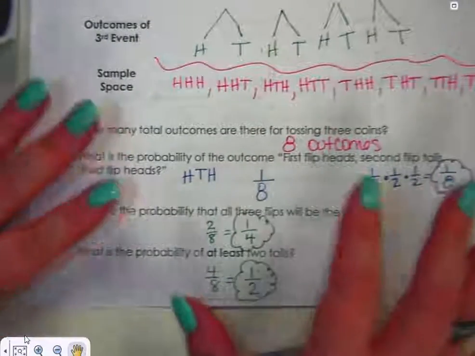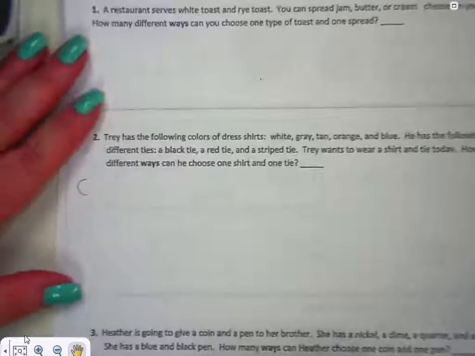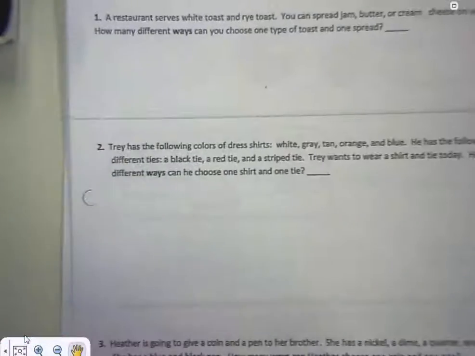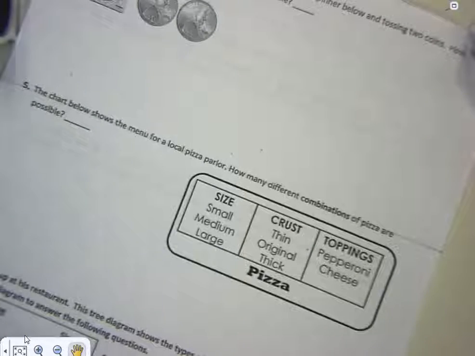All right. Do you feel like this helped you at all with your understanding? I think it probably was helpful. So, it is 8:50. You've got 25 minutes to work on this practice of making tree diagrams and answering questions, front and back. There's one of these.